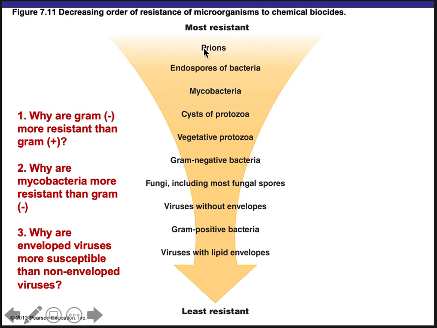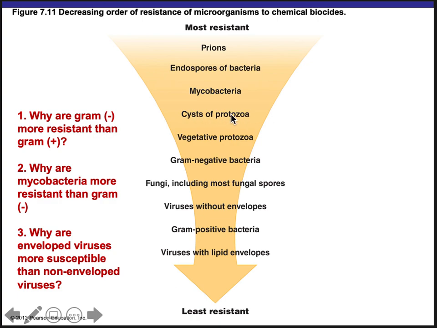They're the most resistant infectious agent that we know of so far. Endospores would be next, and then the mycobacteria. Cysts of protozoa, which we also haven't really talked about. Remember, protozoa are single-celled eukaryotic organisms, and they can be pretty resistant.